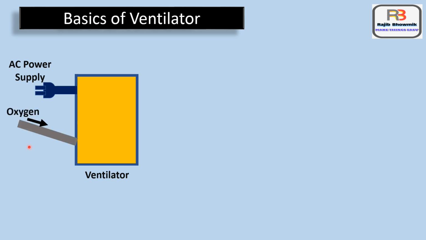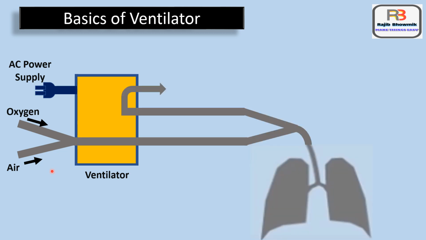One tube is connected for oxygen and another tube is connected for fresh air. 100% oxygen is not required by the patient, so an oxygen and fresh air mixing arrangement is there in the ventilator. That mixture is delivered to the patient's lungs, and the ventilator also helps carbon dioxide to come out from the patient's lungs.